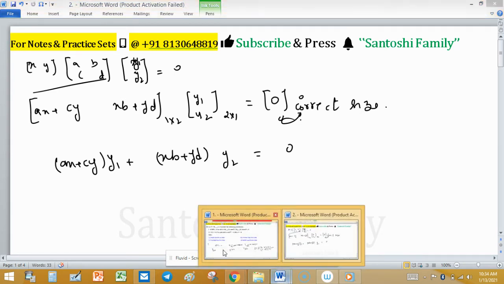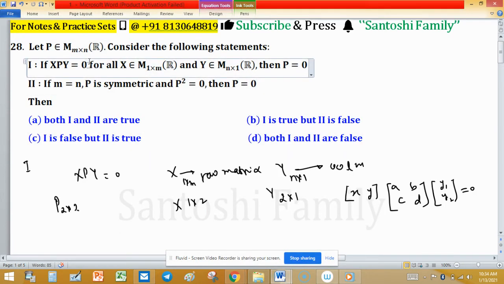What is given to us? It is given for all x and for all y, then P is equal to 0. If we choose any x or y, then P must be 0.